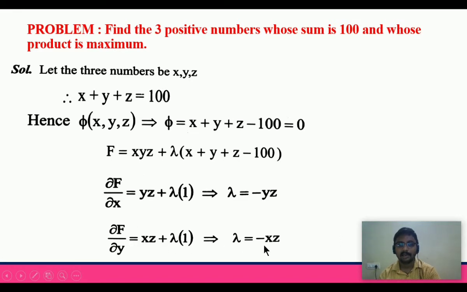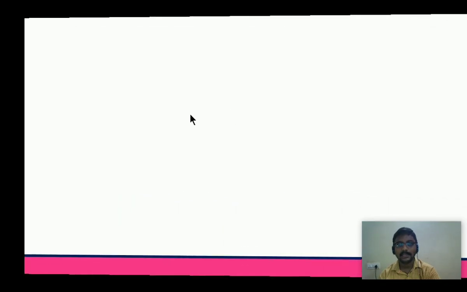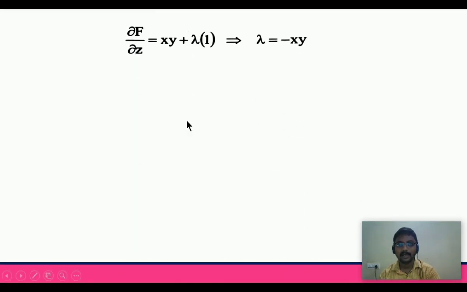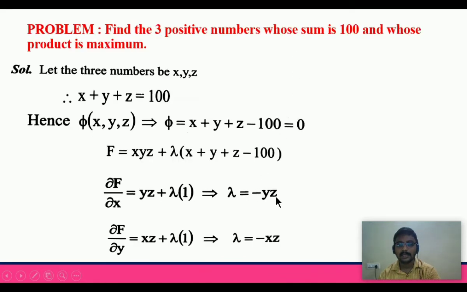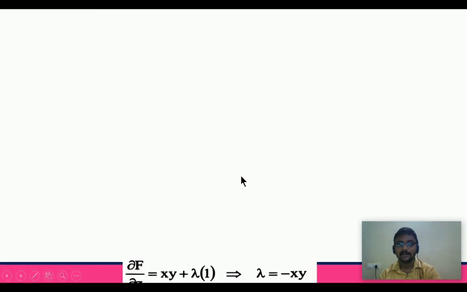So we will have lambda equal to negative xz, and ∂f/∂z, which is obtained by differentiating f partially with respect to z, keeping xy as constant. So we will have lambda is negative xy. So that we will have lambda is negative yz, lambda is negative xz, and lambda is negative xy.